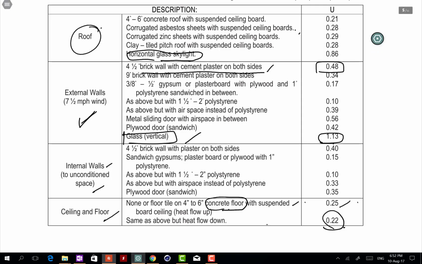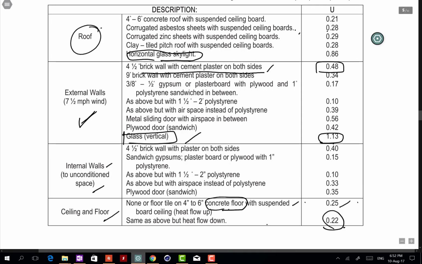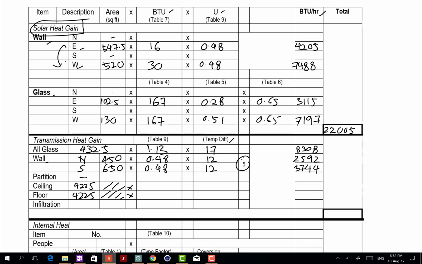So the value should be 0.28, and also 0.22 for the ceiling. Okay, now for ceiling I write 0.22, and then for the floor we replace with roof. Remember, if you have more than one floor, you need to use concrete floor, which is 0.25.